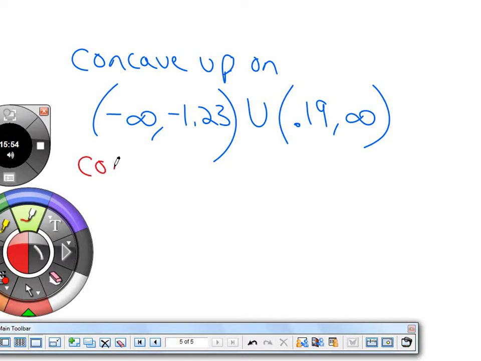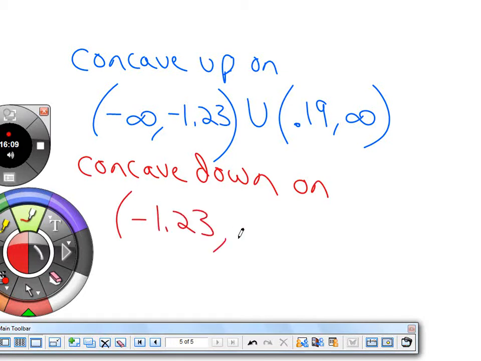And then we're concave down on in between there. So negative 1.23 to 0.19. Okay? All right, so let's see. I think I'm going to go with that.